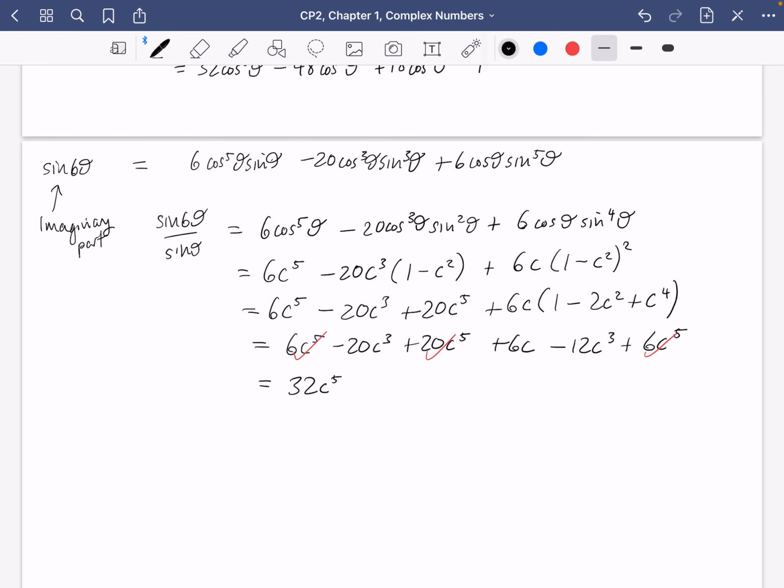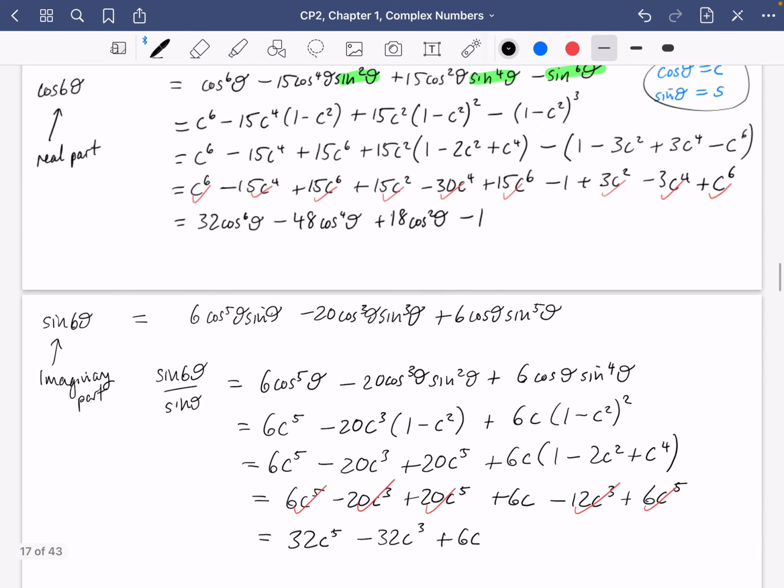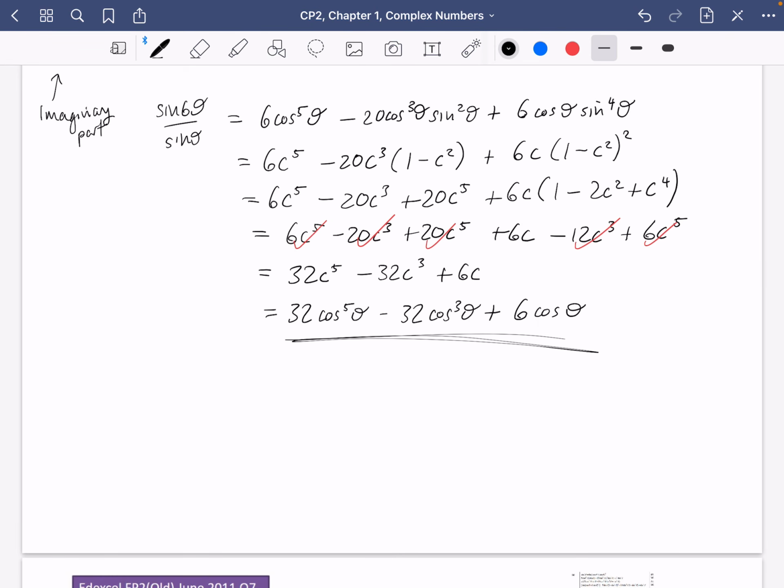Then for c cubed, I've got minus 20 minus 12, so that is minus 32c cubed. And then I've got at the end plus 6c. But they wanted it in terms of cos theta, so we better make sure we write this back in the correct form, which is 32 cos to the power of 5 theta minus 32 cos cubed theta plus 6 cos theta. These are pretty demanding questions, okay?